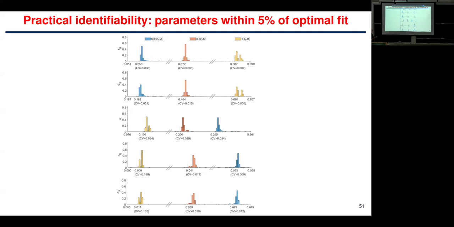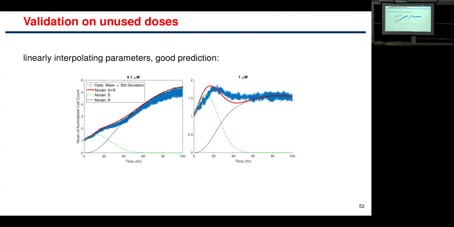So really small coefficient of variation. That gives us a lot of confidence in this model, that the parameters are so identifiable.